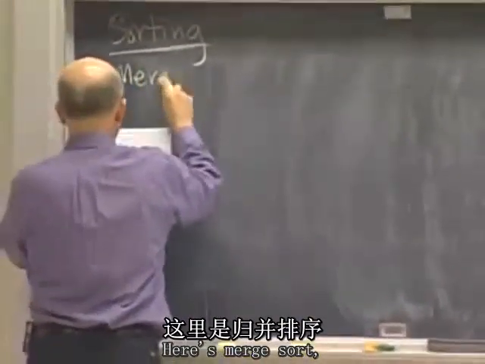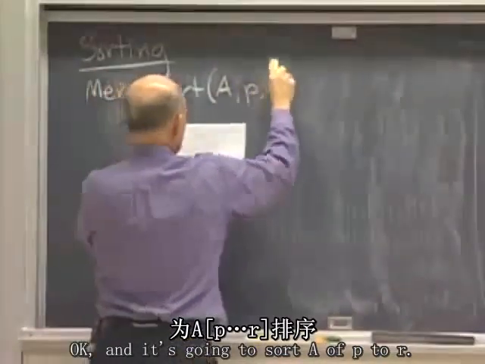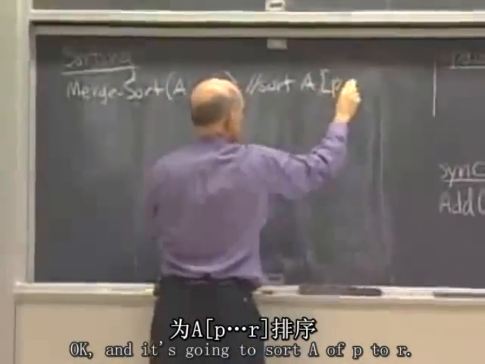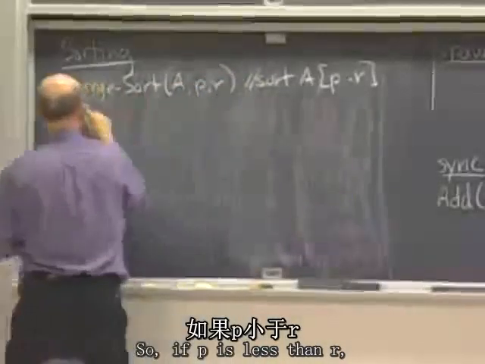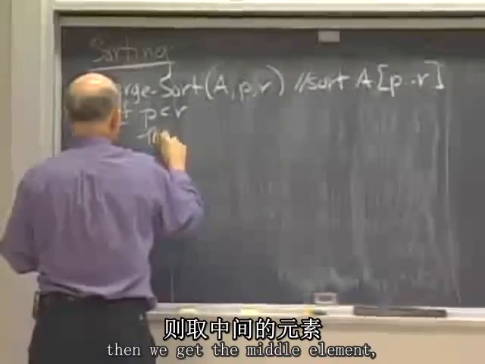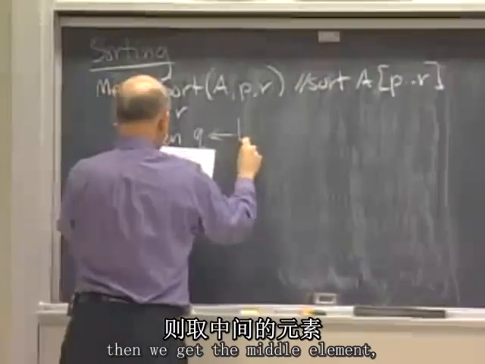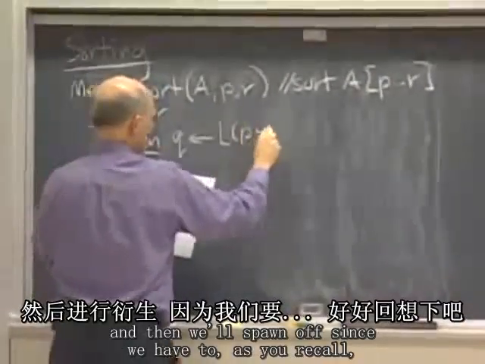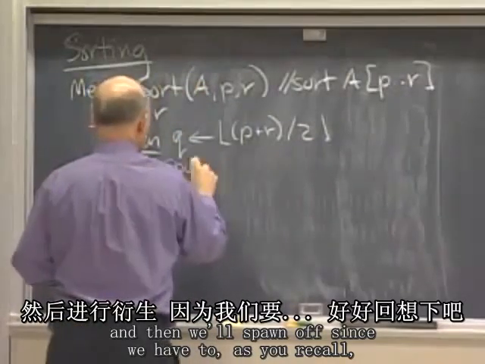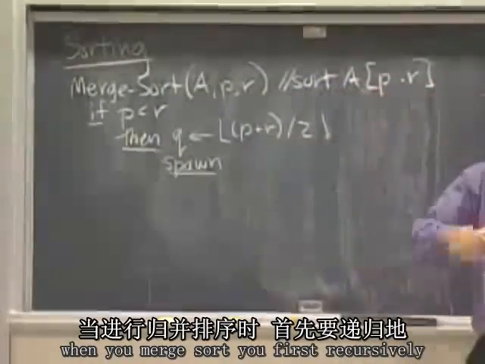So here's merge sort. It's going to sort A of P up to R. If P is less than R, then we get the middle element Q. Then we spawn off, since as you recall, when you merge sort, you first recursively sort the two subarrays.